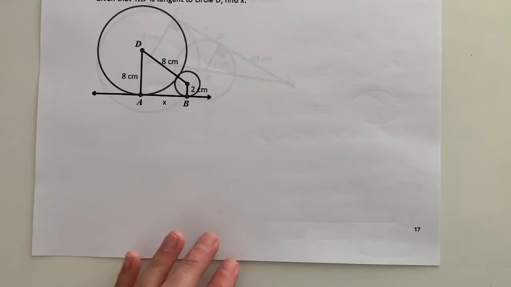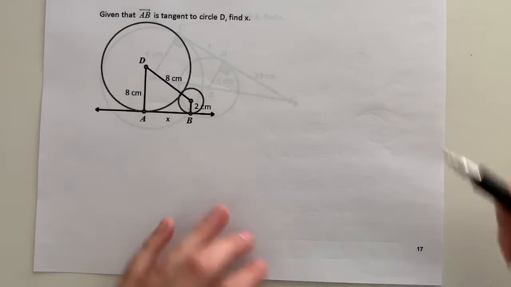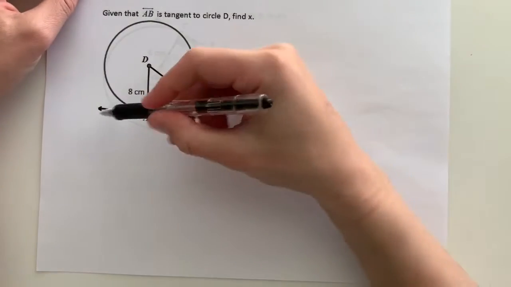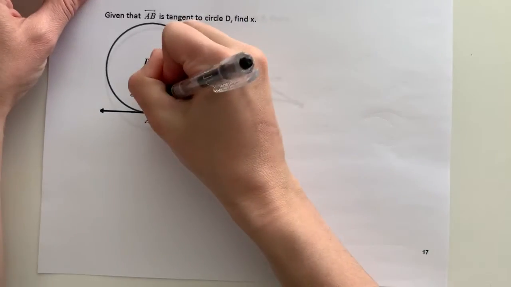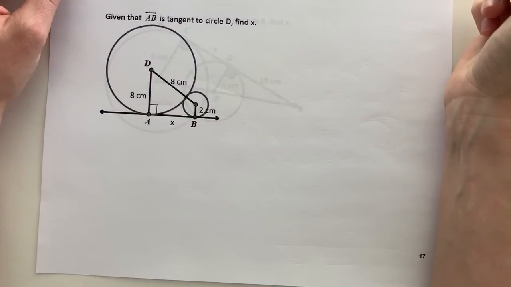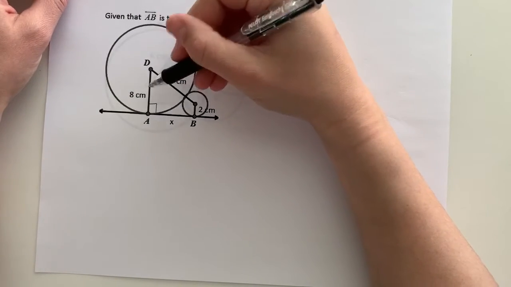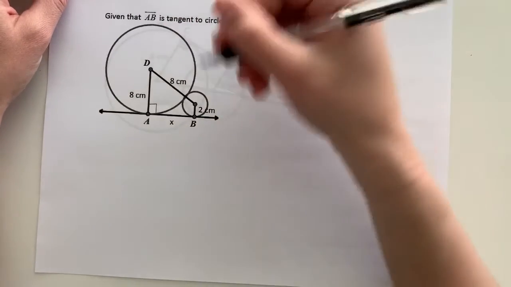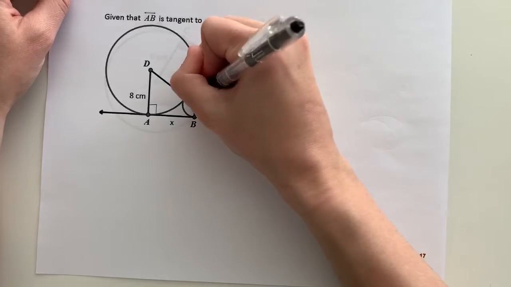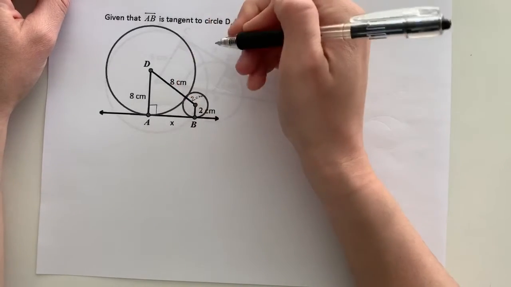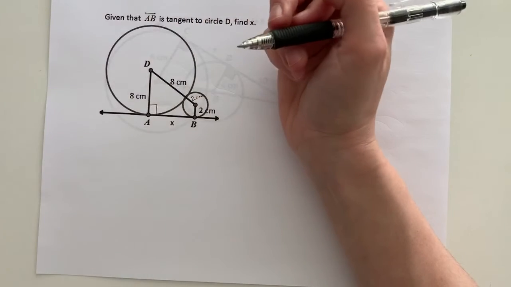All right, two more problems. Here I've got a tangent line AB. I know that's a right angle. I also have another radius, these two radii. If this is 2 centimeters, then I know this is 2 centimeters. This is 8, this is 8.